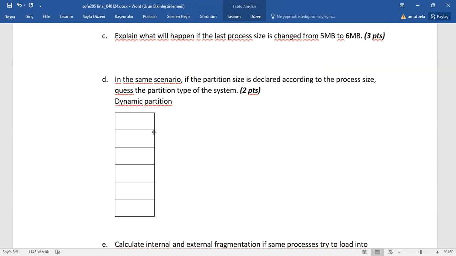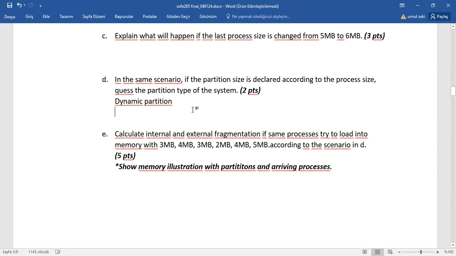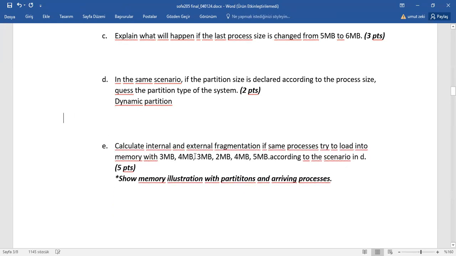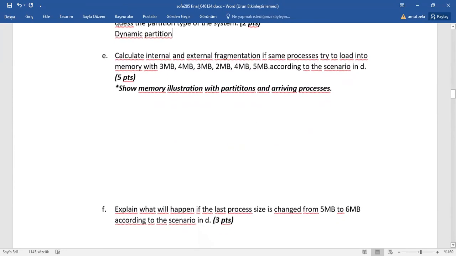Okay, we are in the same scenario, but this time partition size is declared according to the process size. By the way, I have to erase this table. I answered this. I will answer it for this question.